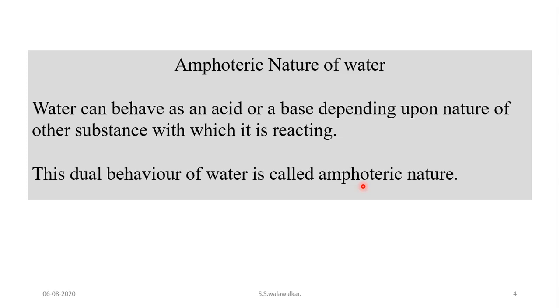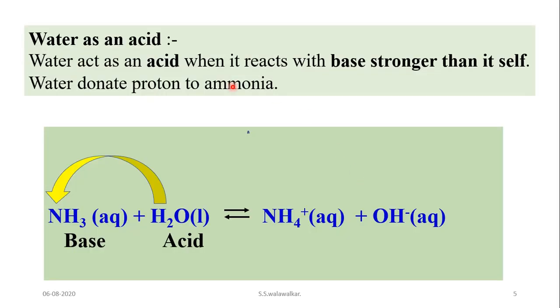This dual behavior of water is called the amphoteric nature of water. Water acts as an acid when it reacts with a base stronger than itself. For example, water reacts with ammonia, and in this reaction water donates its proton to ammonia and forms the NH4 ion, which is the conjugate acid of the base.